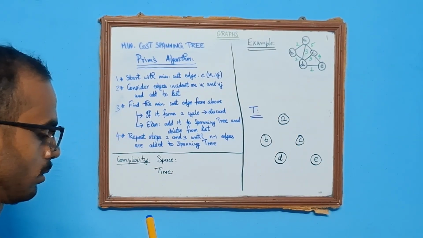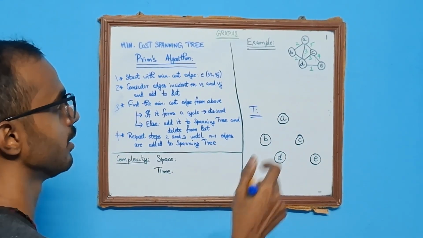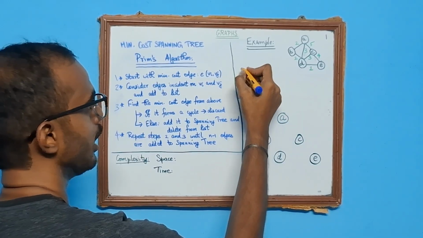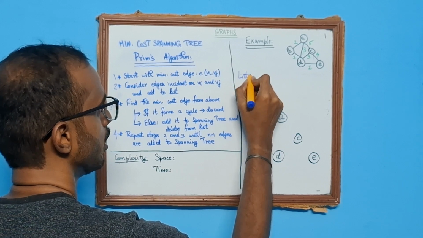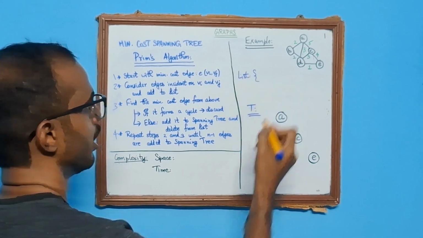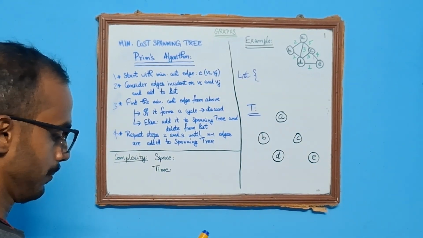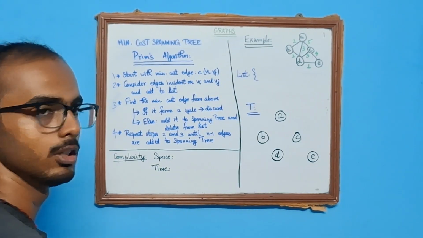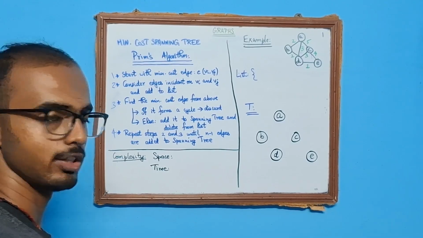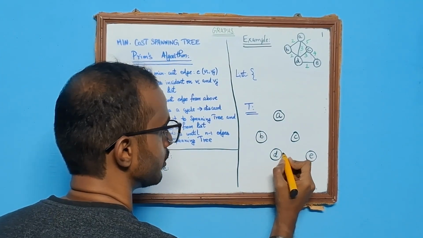Okay, so the first edge that I'm going to consider is D comma E, and the list I'll keep here. First I'm going to add DE because among all the edges we have, that's the minimum edge.